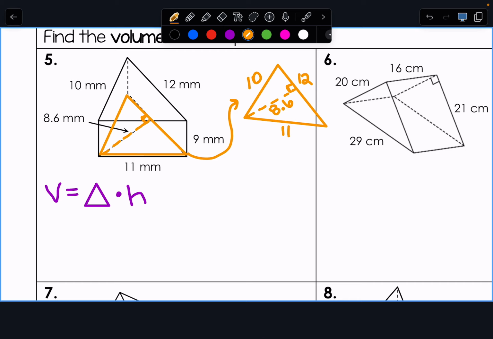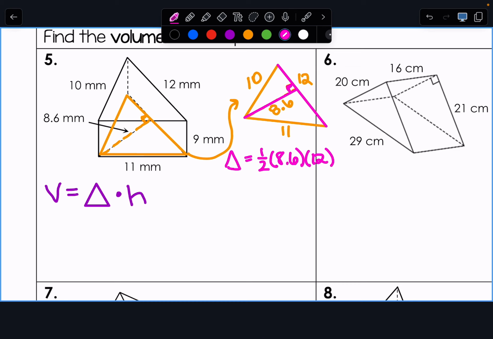12 and 8.6. Do you see how this is our right angle right here? So those are the 2 pieces that matter. So our triangle is 1/2 times 8.6 times 12.